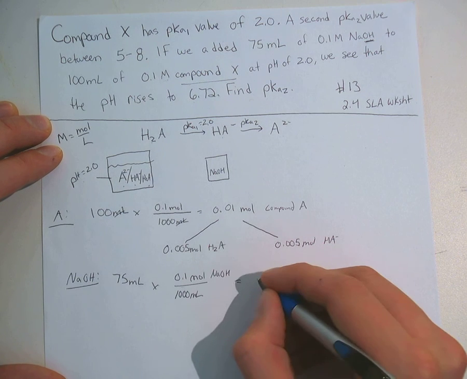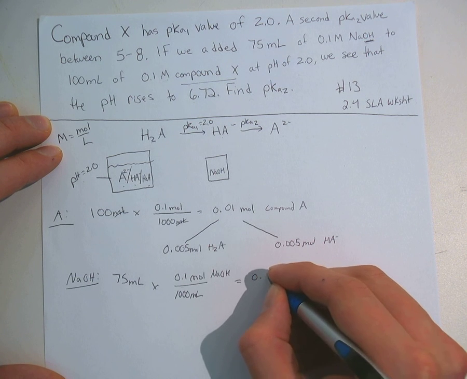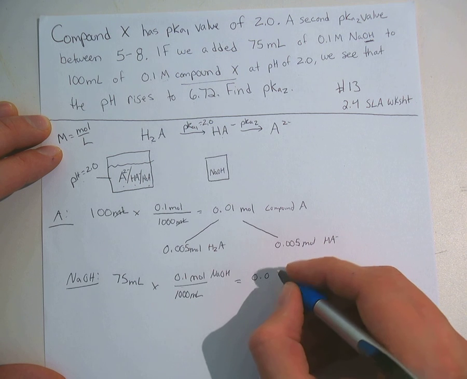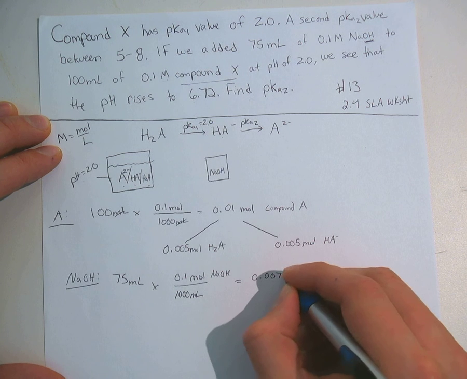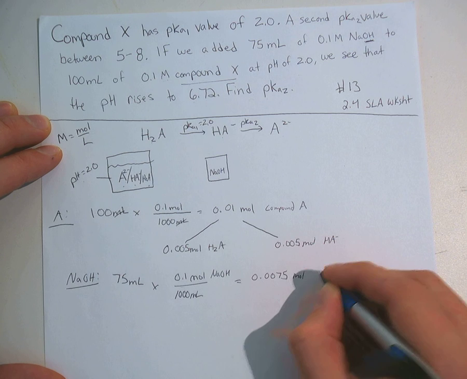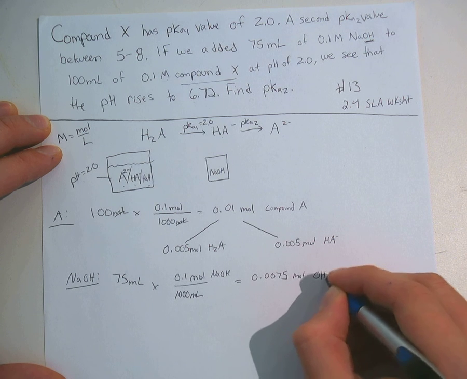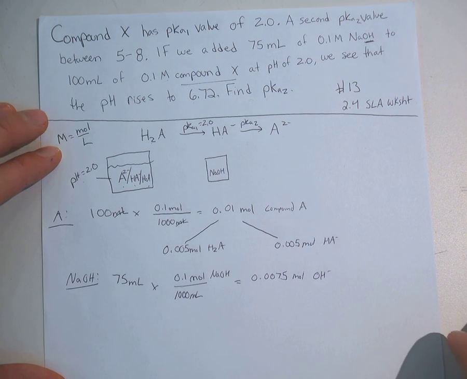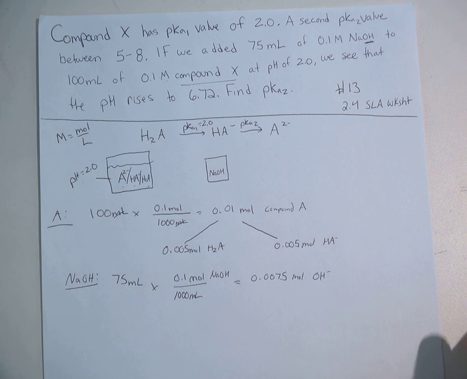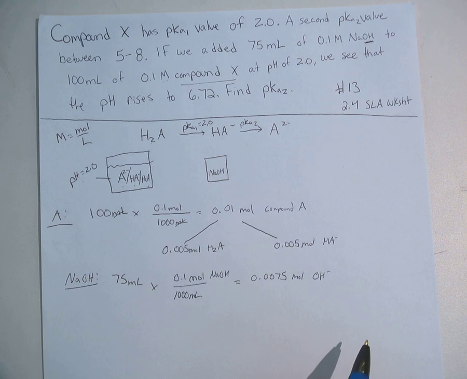So if I multiply that together, I'm going to get 0.0075 moles of, I'll just call it OH minus. I don't care that it's bound to an Na because it's going to completely dissociate in water into the ion forms, which OH is the only thing that's going to matter to me. So now I know everything that's going on before any addition.